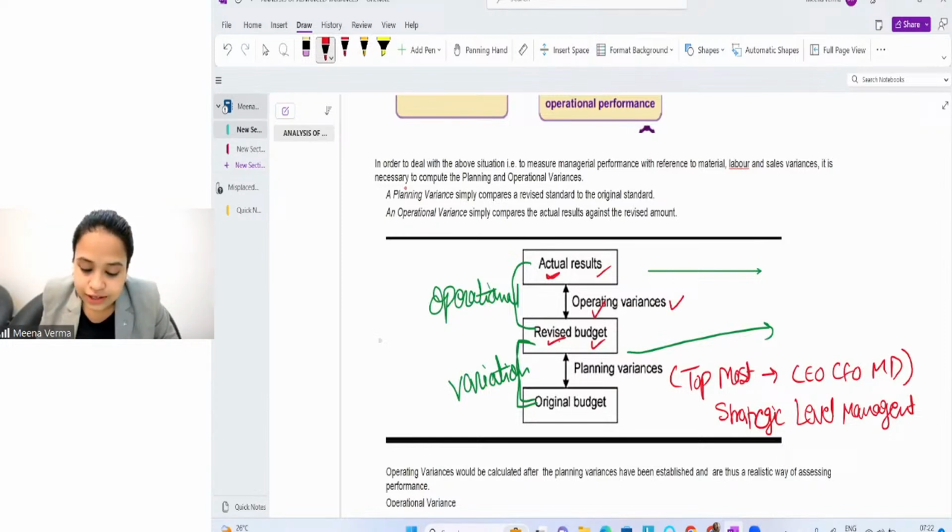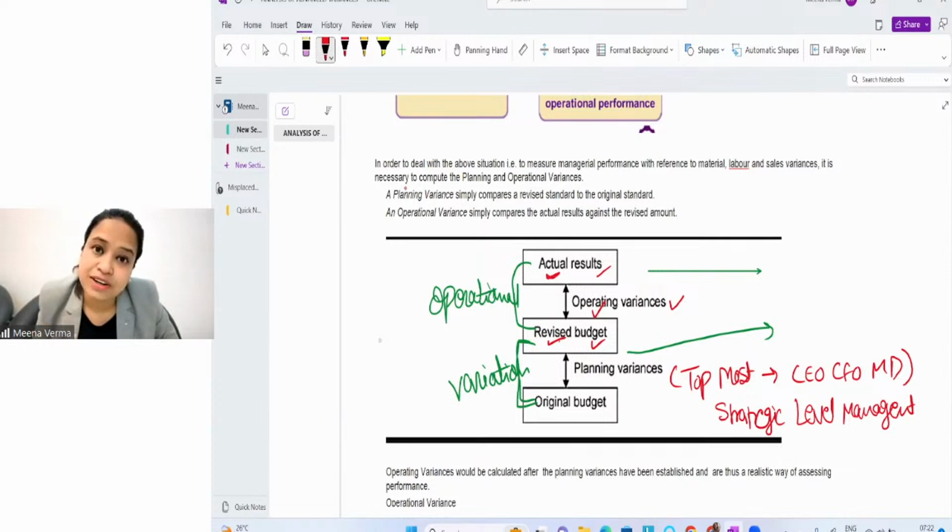That was all related to operational variations, where we were keeping the production manager and purchase department responsible, different people responsible for different activities of the company. That was all your operational level management.